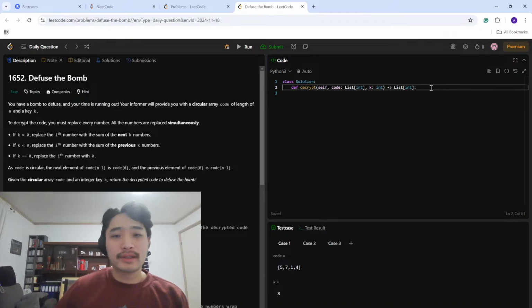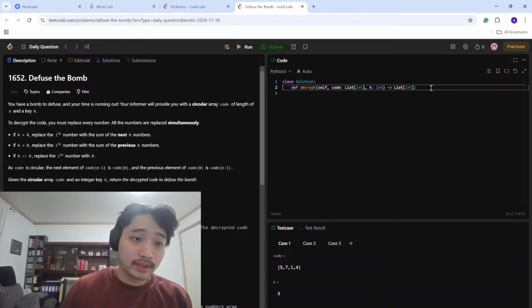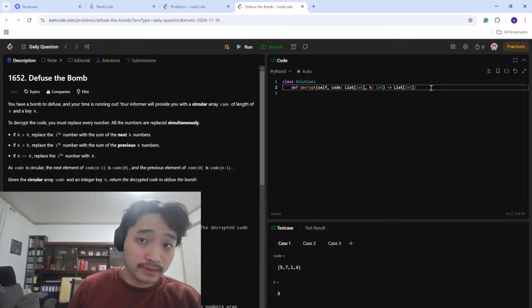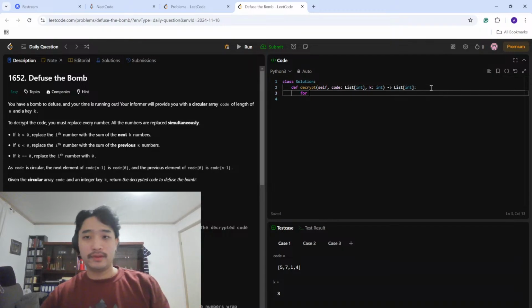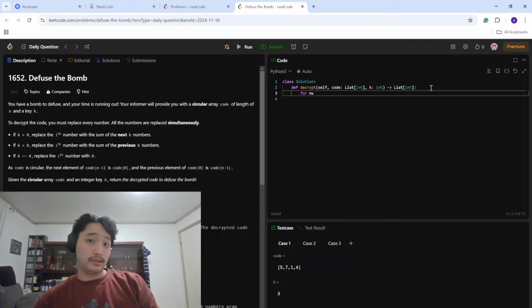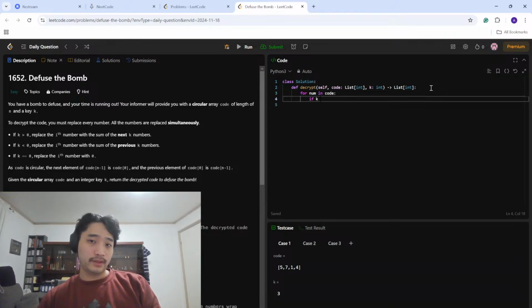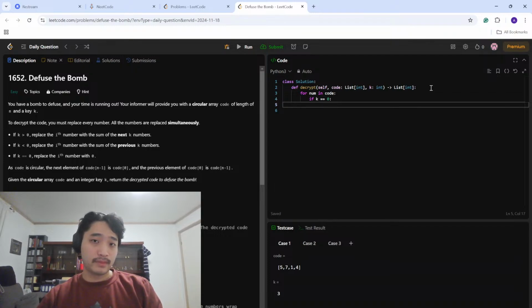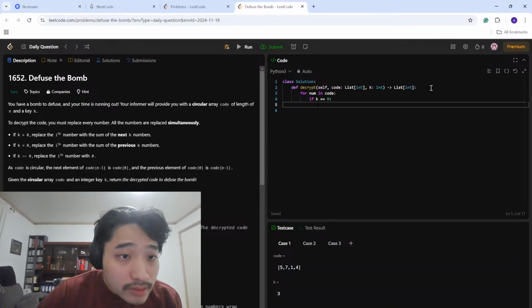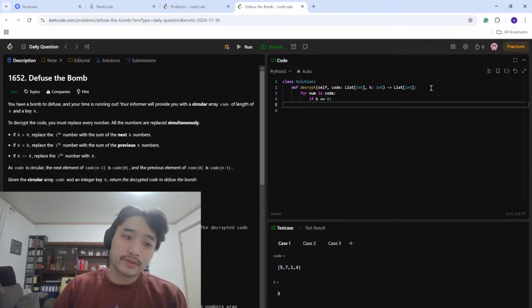I can do, okay, let's see, I don't want to do it that way. Okay, for num in code, have k equals 0. I'd replace simultaneously. So it's not a for loop yet.